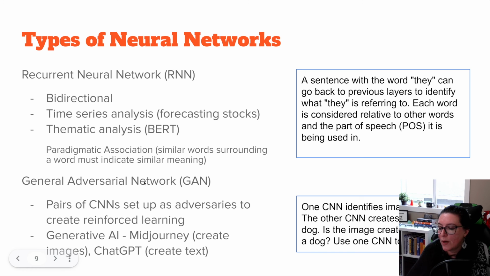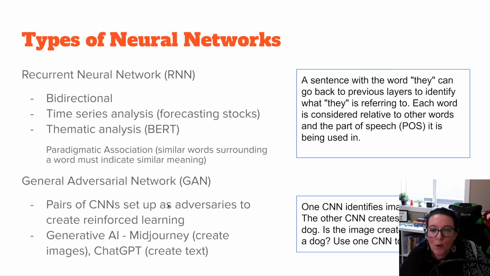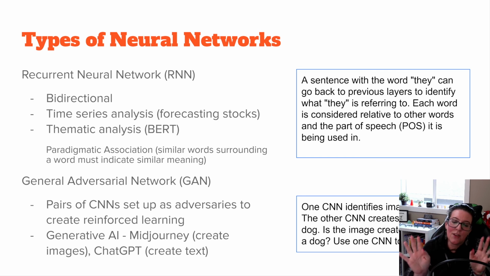And then we have what is called the generative adversarial network. The generative adversarial network is what powers generative AI, so Midjourney that creates images, ChatGPT that creates text. And what this is, it's multiple convolution neural networks that are set up to do things like identify a dog. And then you have reinforced learning, where one CNN is set adversarially against the other CNN.